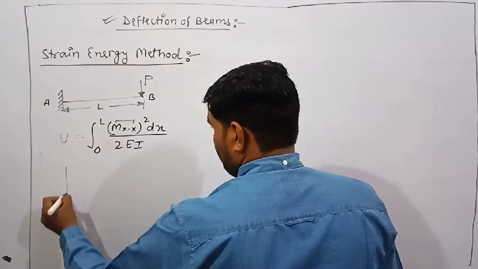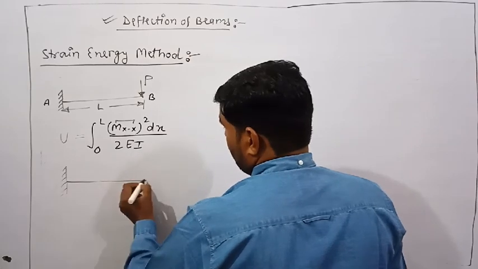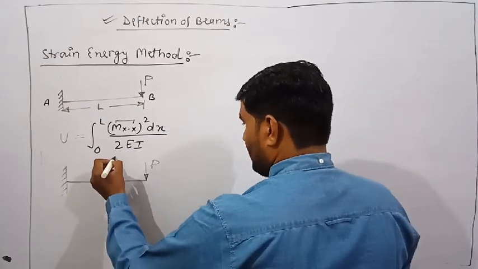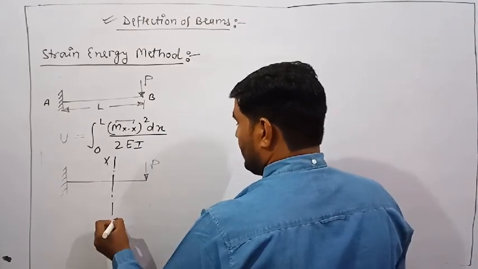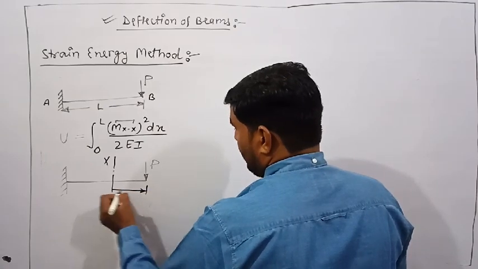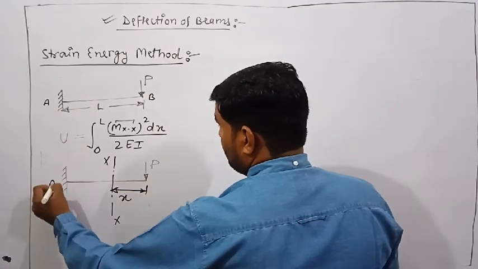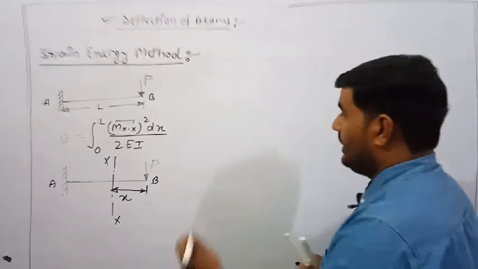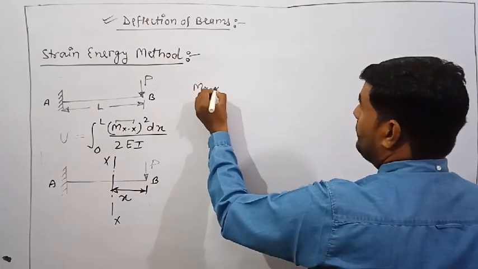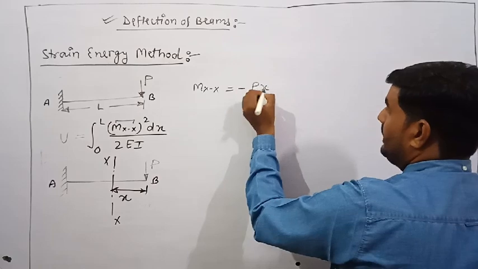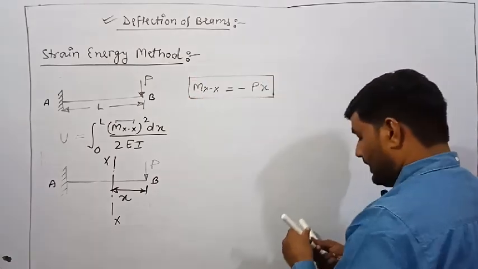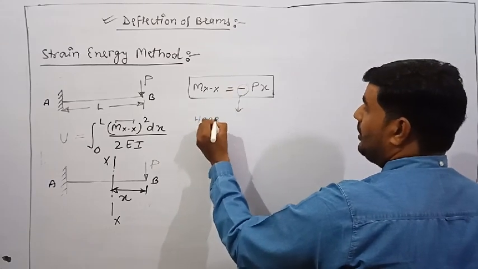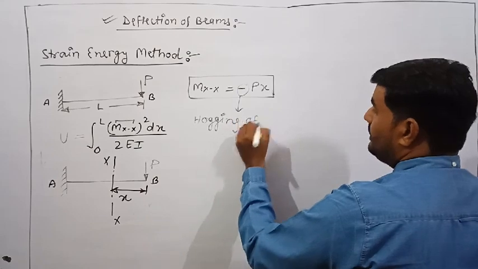I am considering a section at a distance x from the free end. If I calculate the moment about section x, it will come out to be minus P into x. What is this negative sign indicating? This negative sign is indicating hogging of the beam.